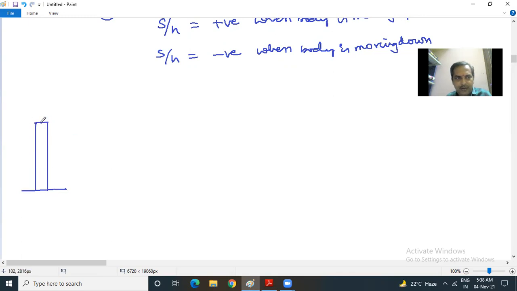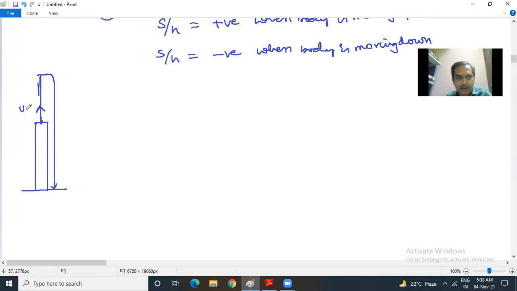From this particular point, the body is thrown vertically upwards. This is the path along which it travels up, and along the same path it comes down, but for the sake of understanding, we draw the path like this. It is not the actual path. It moves up in this path and it will move down in the same path.